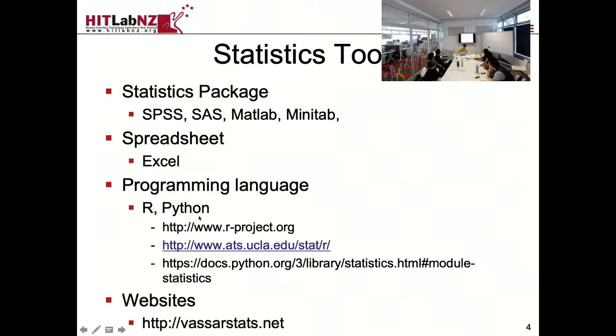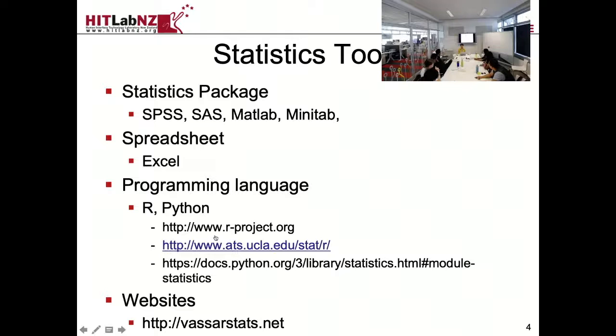Then there are spreadsheets like Microsoft Excel. Maybe at the beginning we could use this kind of tool, but it does not support more powerful functions, and it is sometimes hard to manage your data. So I don't recommend this one, but we could still use a spreadsheet as well.